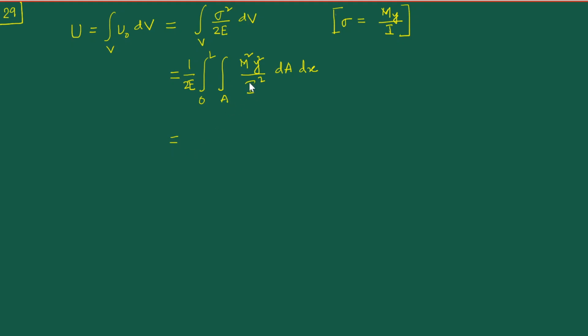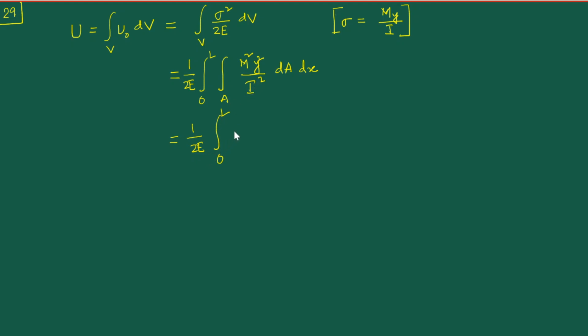Now please note that this I square is a constant for the area. So if we actually consider prismatic cross sections, this can very well be taken outside this area integration. In fact, for prismatic cross sections, we can have this I square coming out of this integration also.